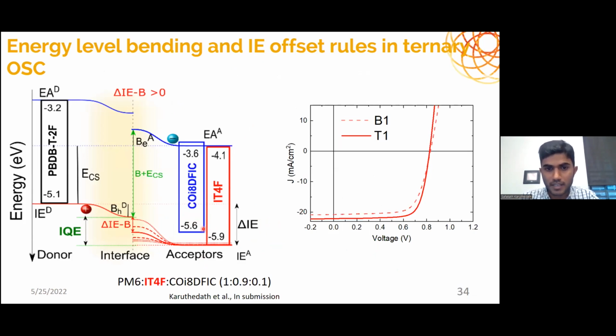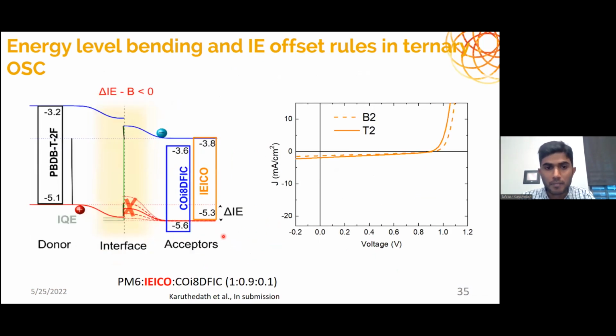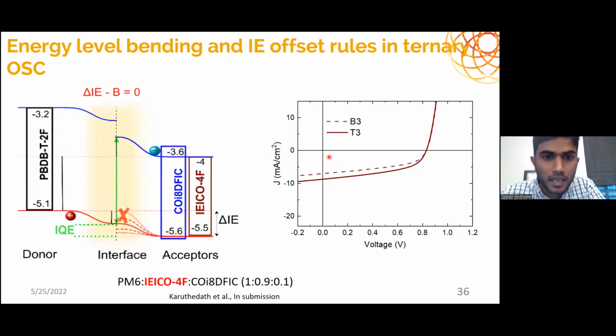But in this case, it's still good enough because the IT4F content is high, so the weighted average IE offset is still high. But in the case of IICO, even though you have IT4F, which is a decent offset material, the amount is low, so the average weighted offset is still very low. That's why there is only a slight improvement in the performance here as well.